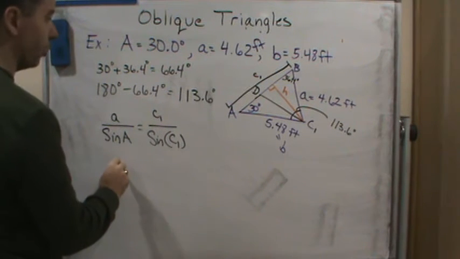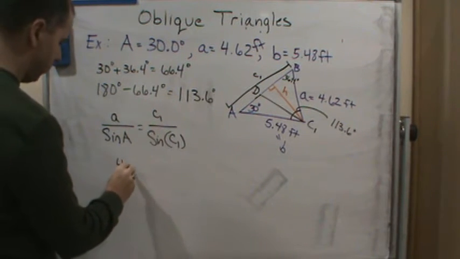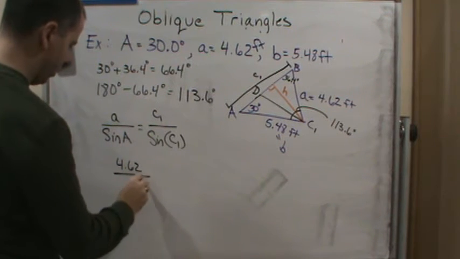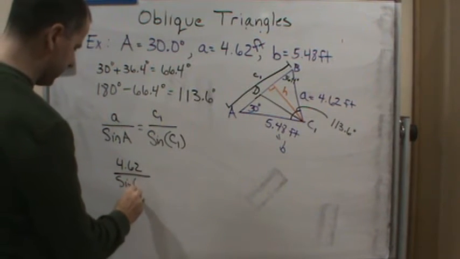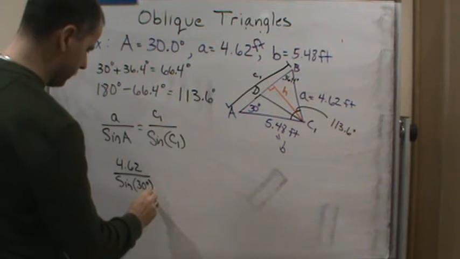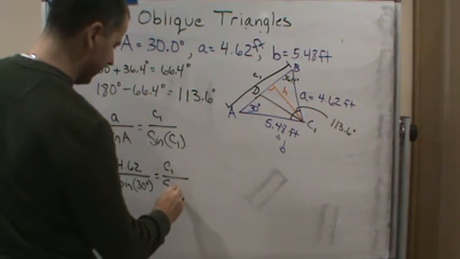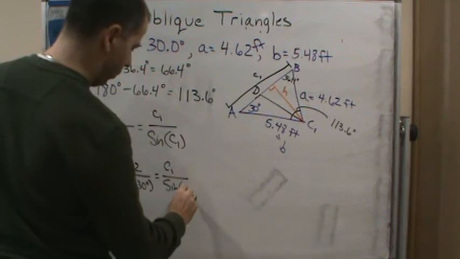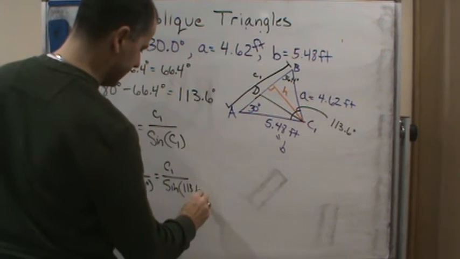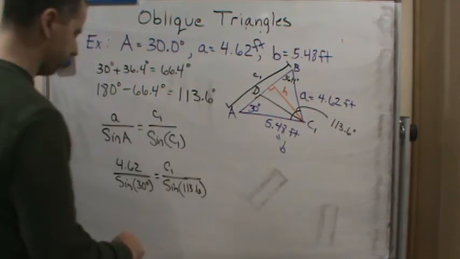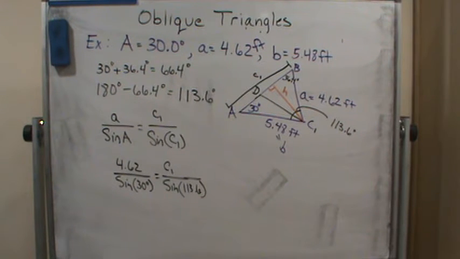And so this is going to be 4.62 over sine 30 degrees equals C1 over sine of 113.6 degrees.